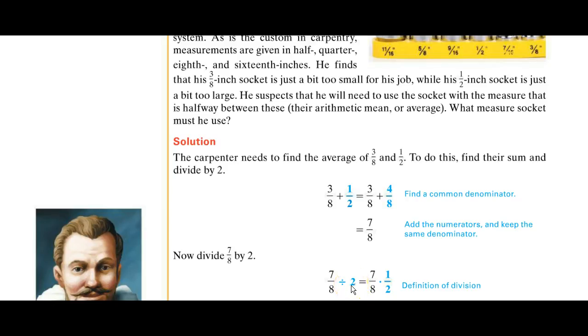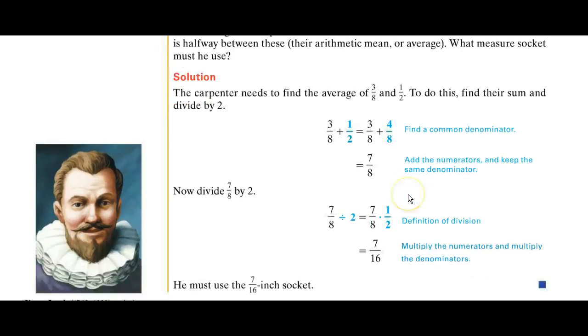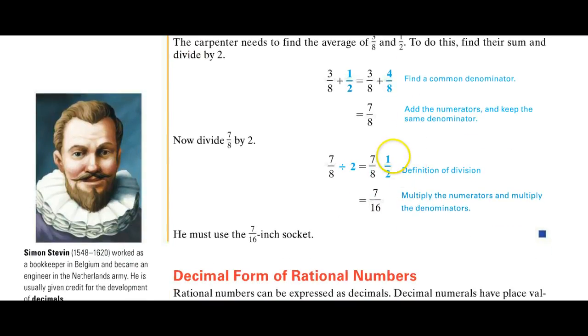How do we divide fractions? Well, we change from division to multiplication and take the reciprocal of this. So when we flip the 2 over, we get 1/2. And then now 7 times 1 is 7, and 8 times 2 is 16. So he must use the 7/16 inch socket. Okay.